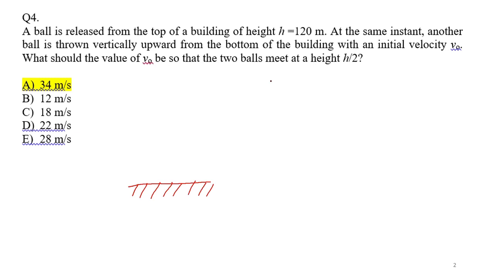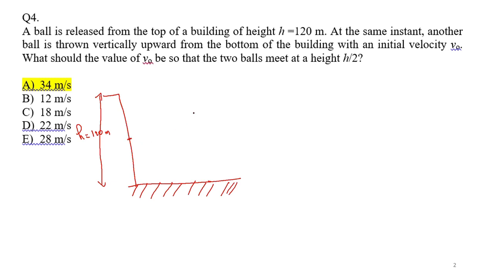One is released from the top of the building. Let's say this is the top of the building, and this is the ground. I always represent the ground this way. The top of the building is at a height h, which is 120 meters. Of course, h over 2 is right here in the middle, at 60.